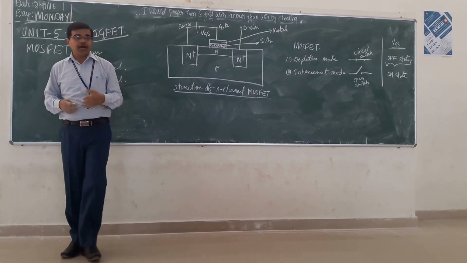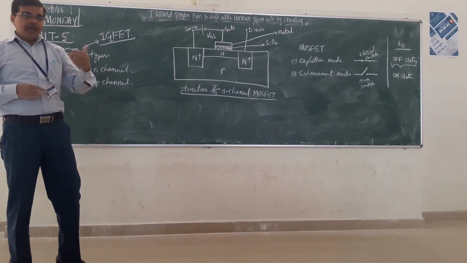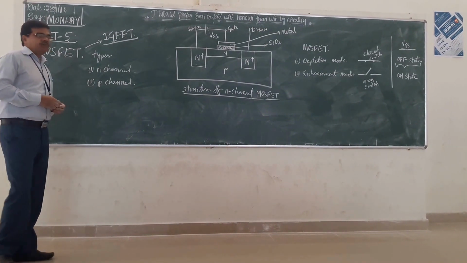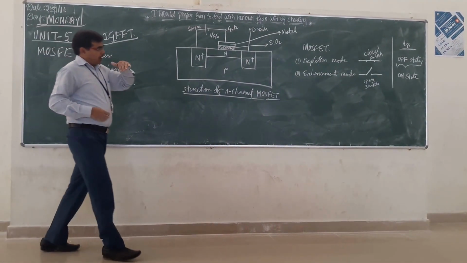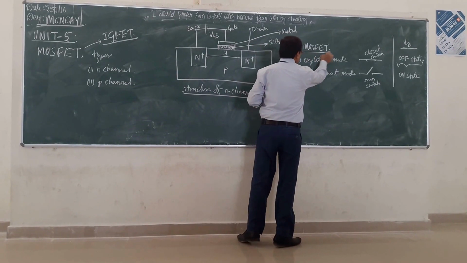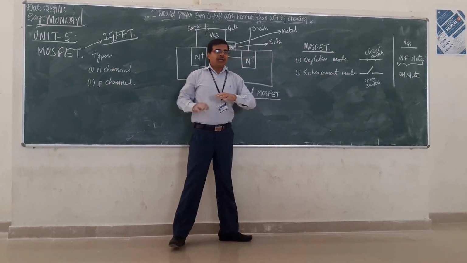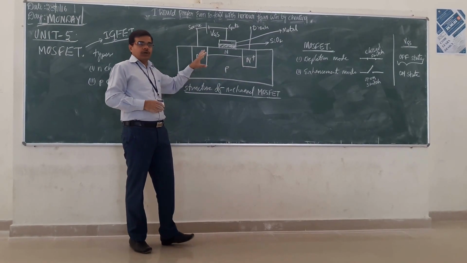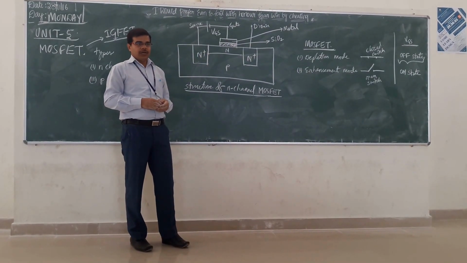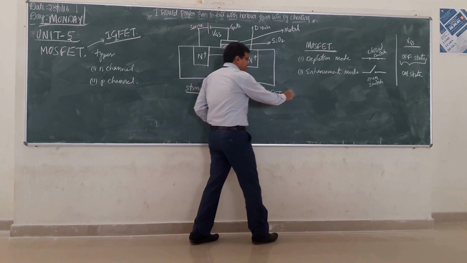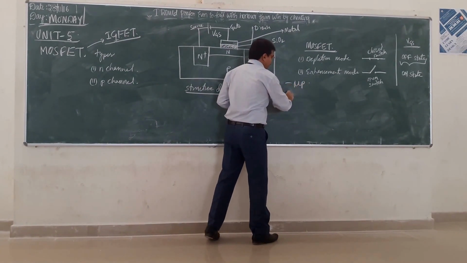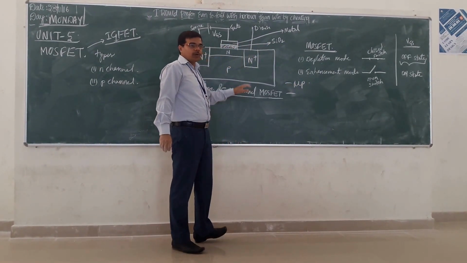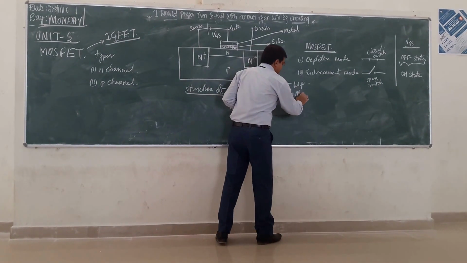If we go for the application part, nowadays whatever circuit you have will be based on FET technology only. So we are using the MOSFET in your microprocessor and in memories.